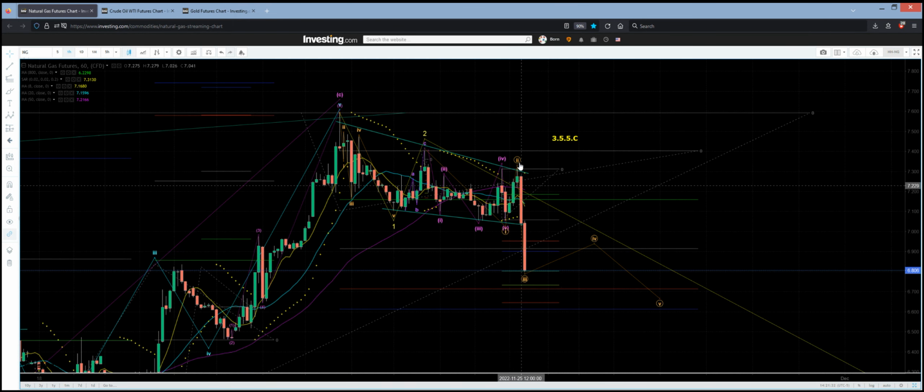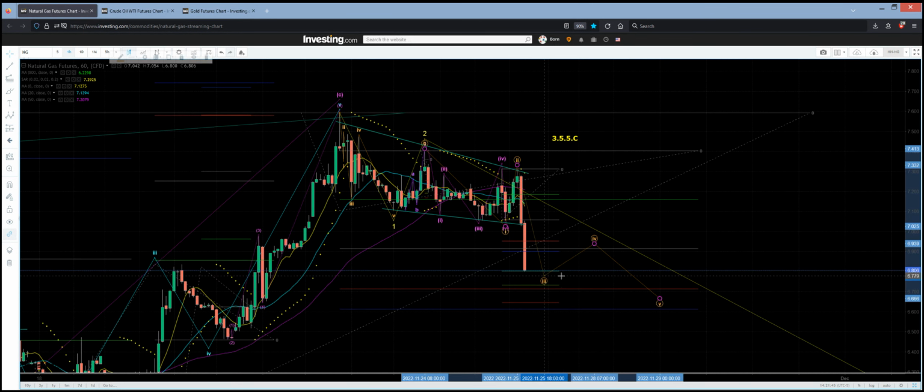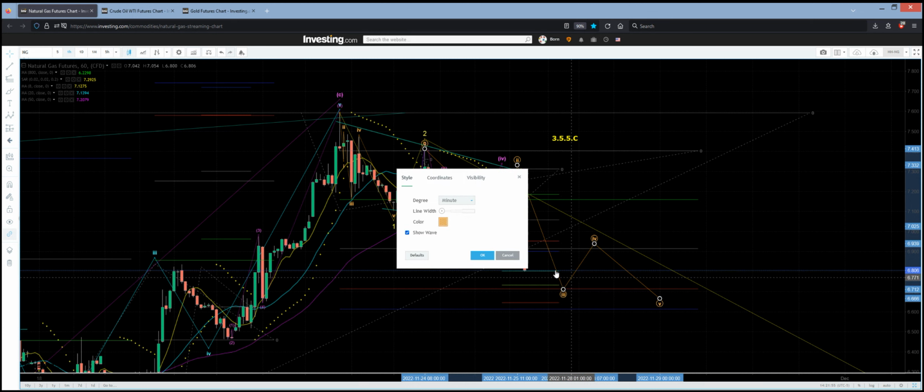But given today's price action with these 2 big hourly vector candles, 3 may not be complete. I anticipate this is 1 of 3. So being 1 of 3, like here could be, inside this, what degree wave is this here?